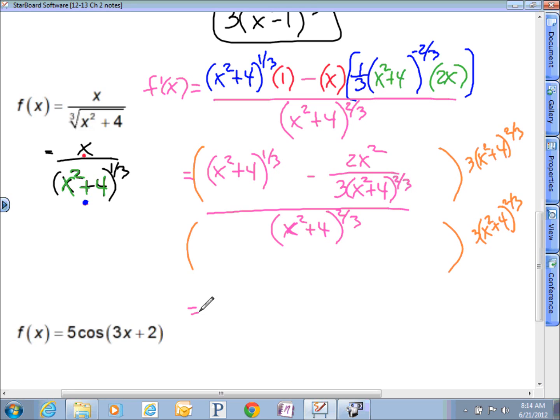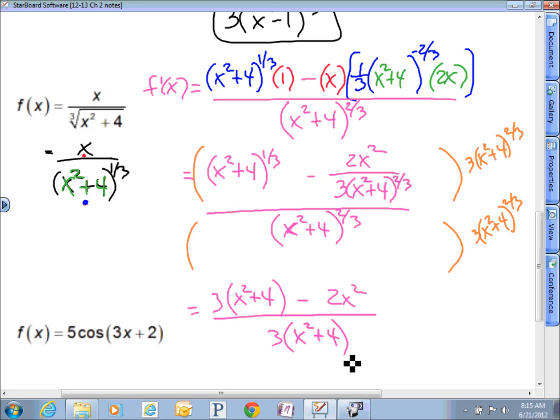That's just an x squared plus 4 multiplied by a 3. Minus, if you distribute the orange thing to that second term in the numerator, we're going to cancel the denominators out. It'll leave us at 2x squared. Oh, so much nicer. And on the bottom, when you multiply that orange thing times the pink thing, you're going to get a 3 and an x squared plus 4.